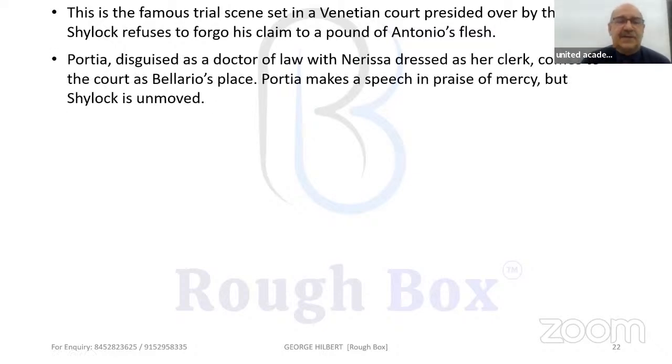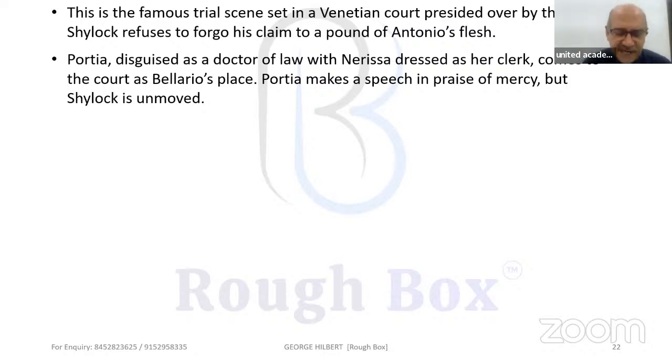Portia, disguised as a doctor of law. A doctor of law is a judge. Please remember, not a lawyer, a judge. Portia, disguised as a doctor of law with Nerissa dressed as a clerk or assistant, comes to the court in Bellario's place. Portia makes a speech in praise of mercy, but Shylock is unmoved.